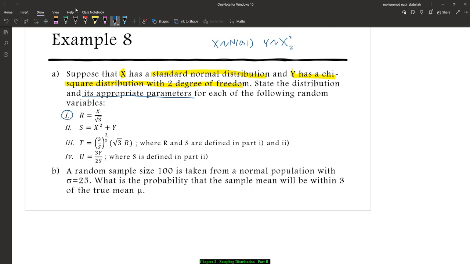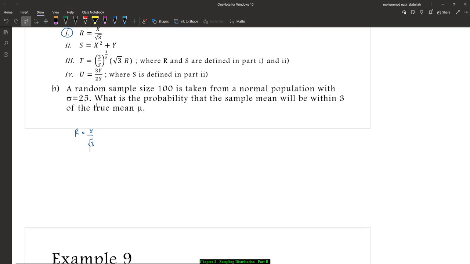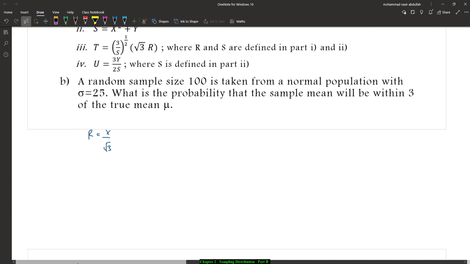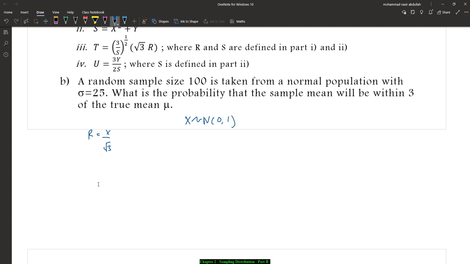The first one, let R equal X divided by the square root of 3. We know X has a standard normal distribution and Y has a chi-squared distribution with 2 degrees of freedom.